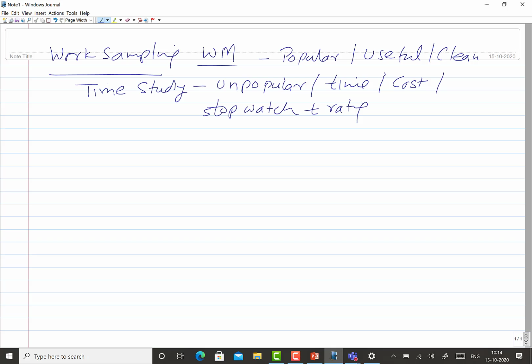So the stopwatch time plus the performance rating of the worker are clubbed together to find the normal time. And this normal time is added with the allowances.